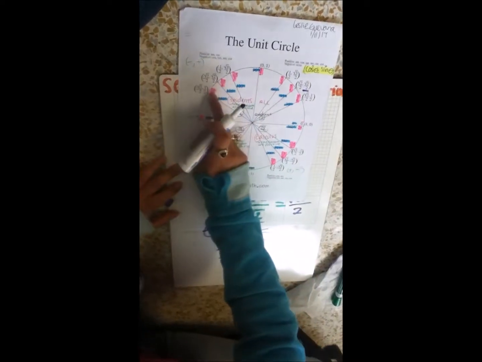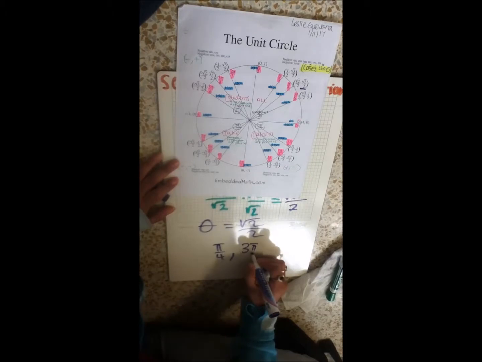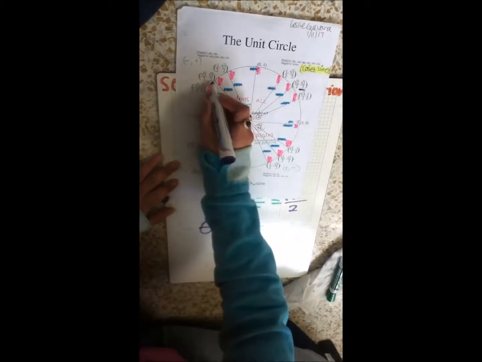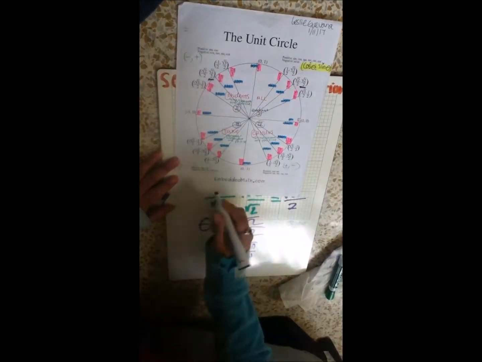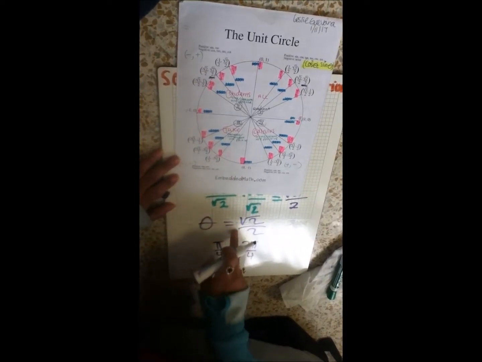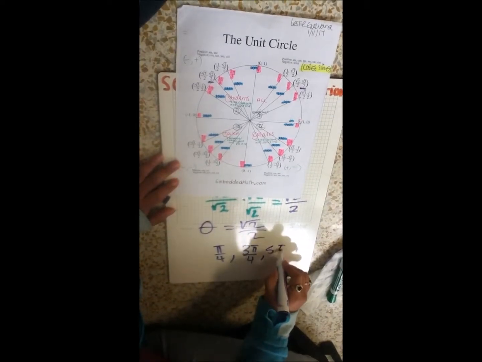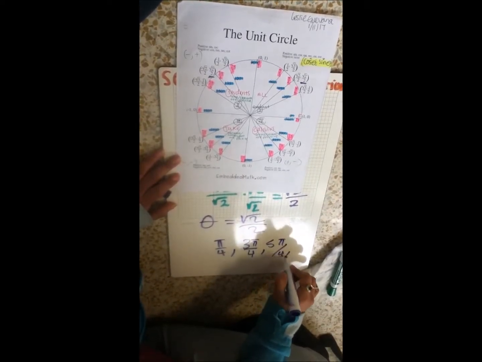If you keep looking at it, it also is 3 pi over 4, this other side. And then since it's a square root, it also can be positive or negative, and you can also find that it's 5 pi over 4.